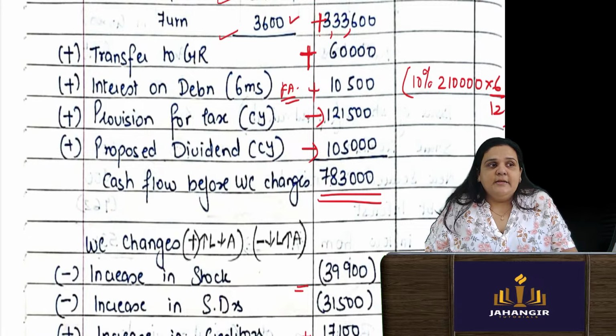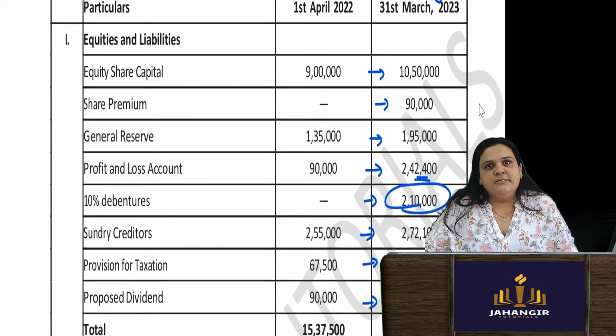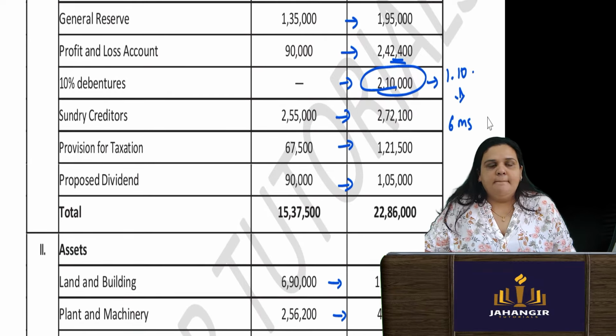There is an interest factor also involved in the case of debentures. This is 2,10,000 issued on 1st of October. My balance sheet is as on 31st of March. So how many months of debenture interest can I take? Only 6 months.